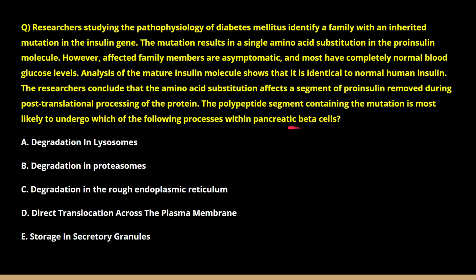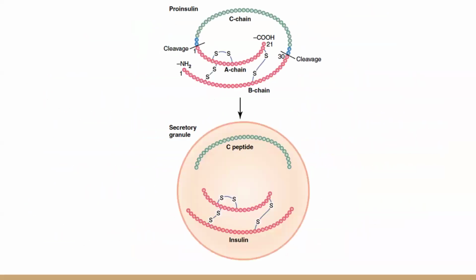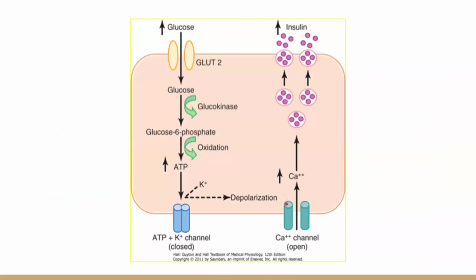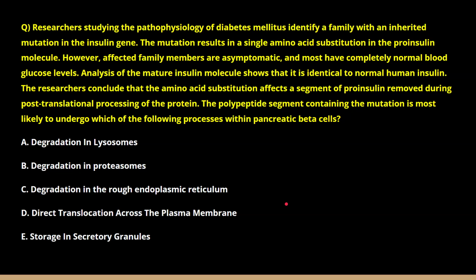They're asking about a single amino acid substitution in the proinsulin molecule, but it's not in the actual insulin molecule. So it's something that's a component of the proinsulin molecule, but not the insulin molecule itself. So we're talking about the C-peptide, and we said the C-peptide is always stored in the same secretory granules right here. So that's why the answer is E.